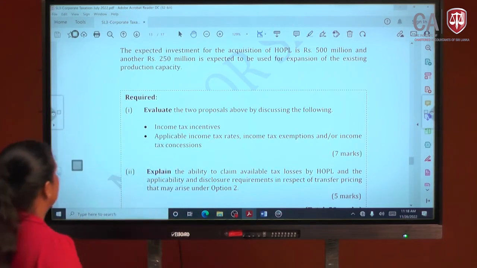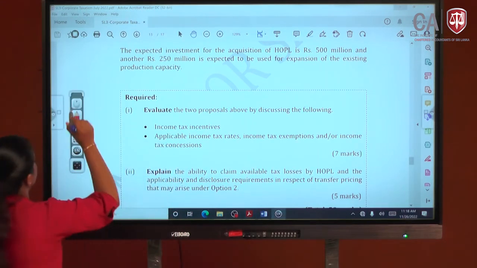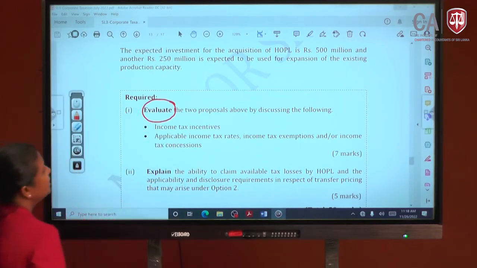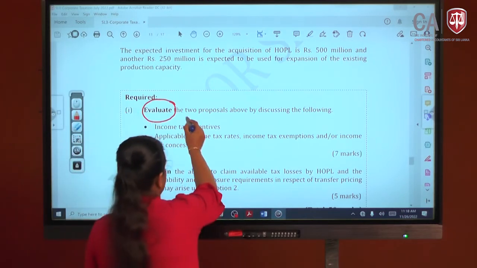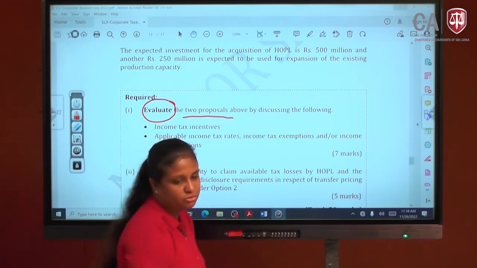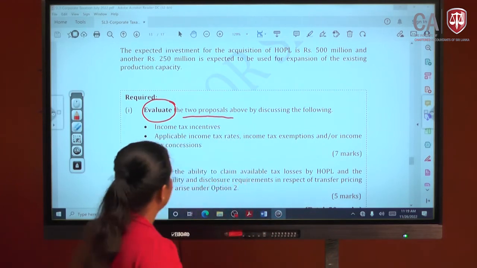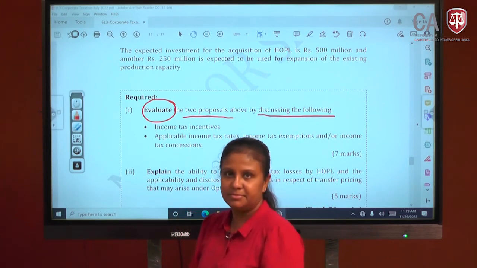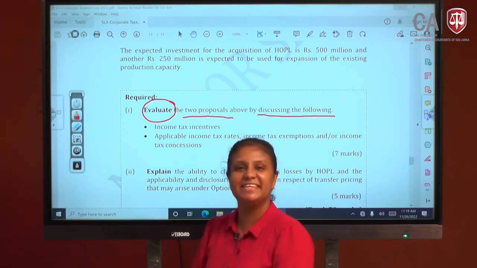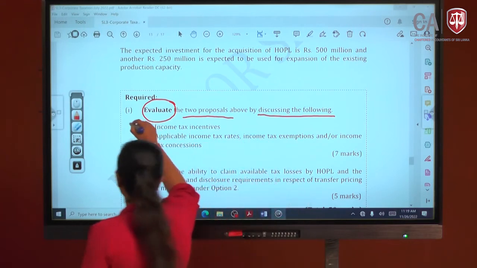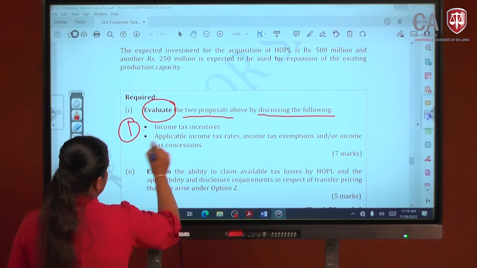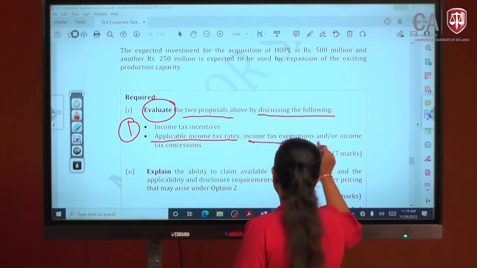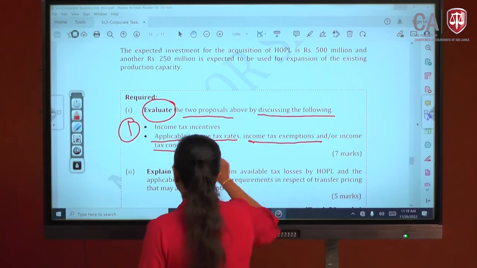In that, you have to evaluate the 2 proposals given above by discussing the following. The format of the answer is given: income tax incentives, applicability of income tax rates, income tax exemptions and income tax concessions.